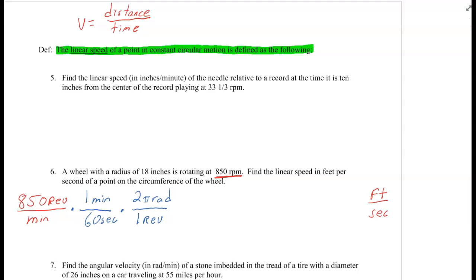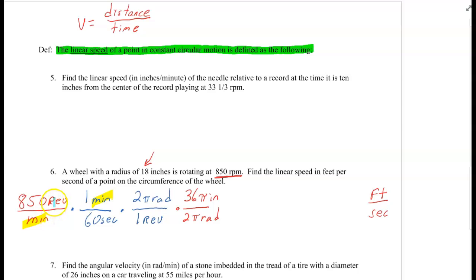I also know that 2 pi radians, put that in the denominator, is equivalent to the circumference. And since the radius is 18 inches, the circumference is 36 pi inches. So at this point, I have reduced the minutes.